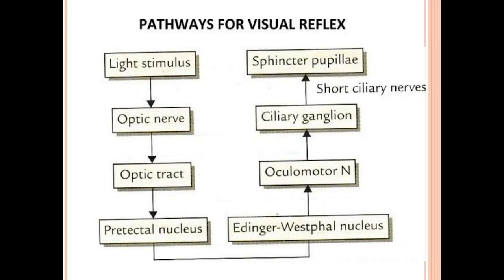Seventh, postganglionic nerves project to the iris sphincter muscle, causing it to contract and decrease the size of the pupil. The pathway allows for a rapid and automatic response to changes in light intensity, helping to protect the retina from damage and improve visual acuity in bright environments.